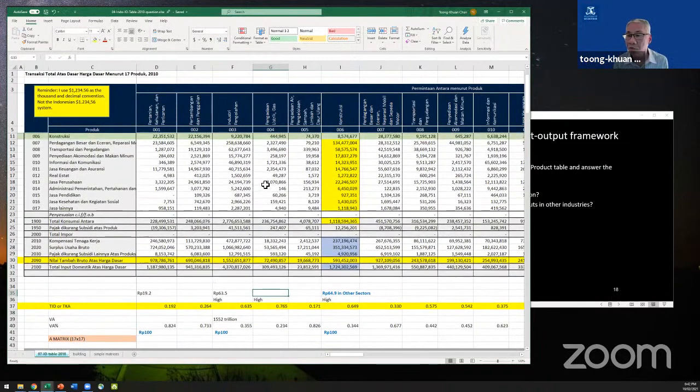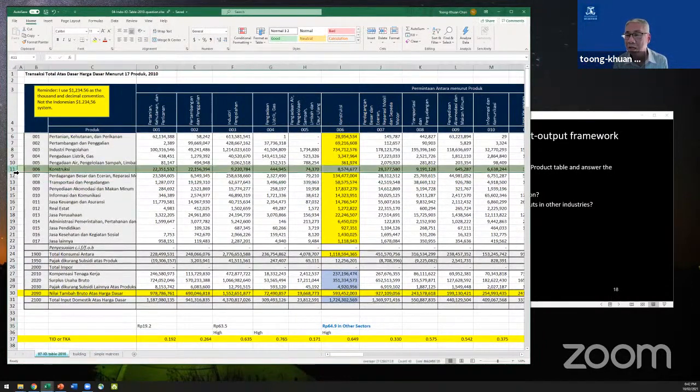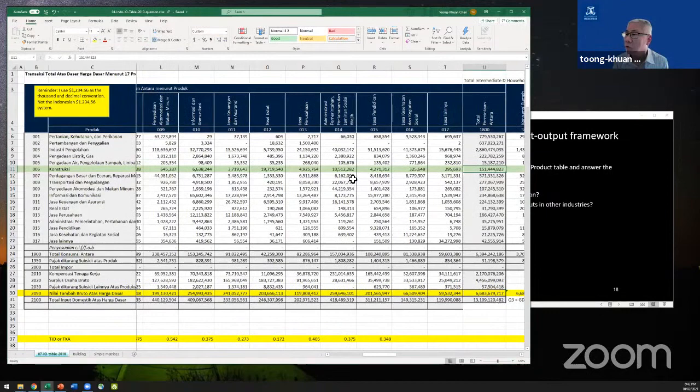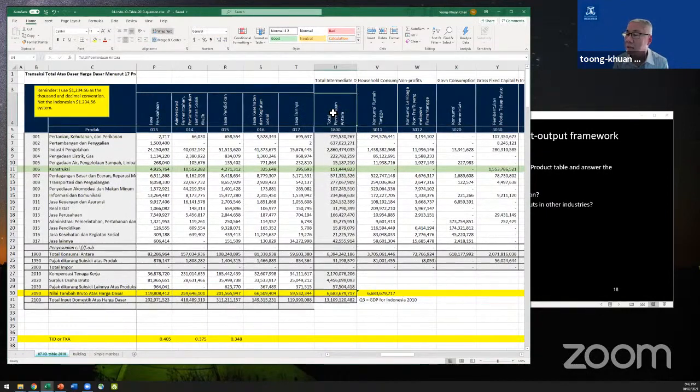So we now move into this green line here. This is construction producing and selling to other sectors. So the total is over here. Total permintaan antara. Row W, this is 151.